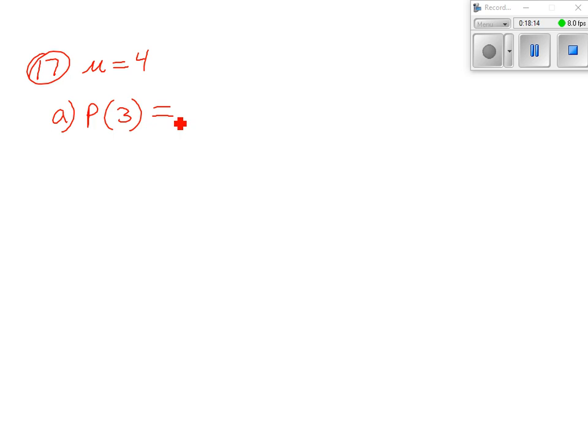Instead of doing this by hand, we're going to use our calculator. What buttons do you have to push on your calculator? What are you looking for?